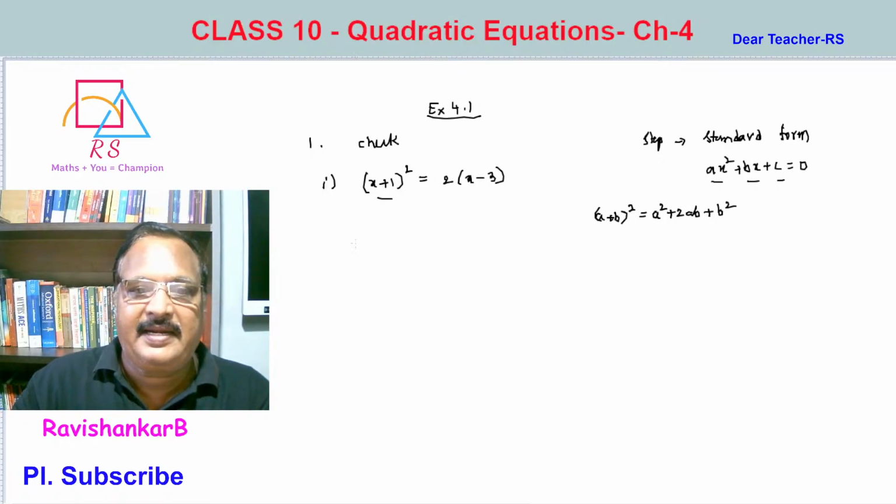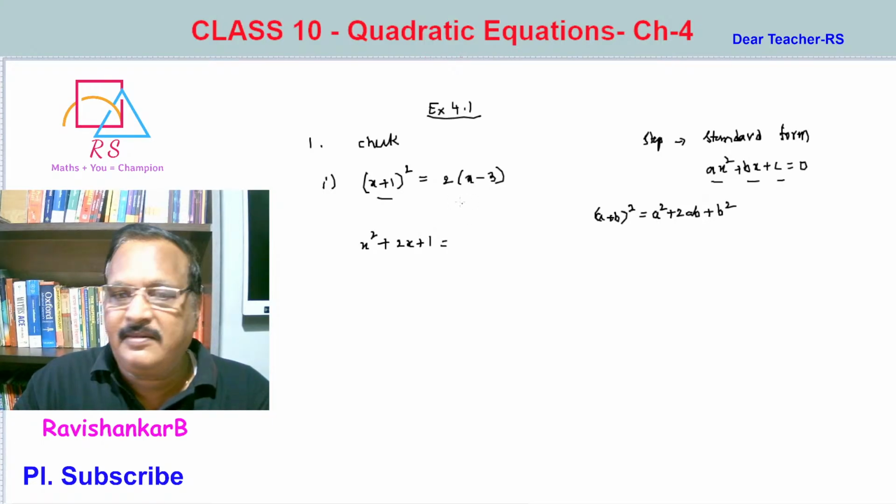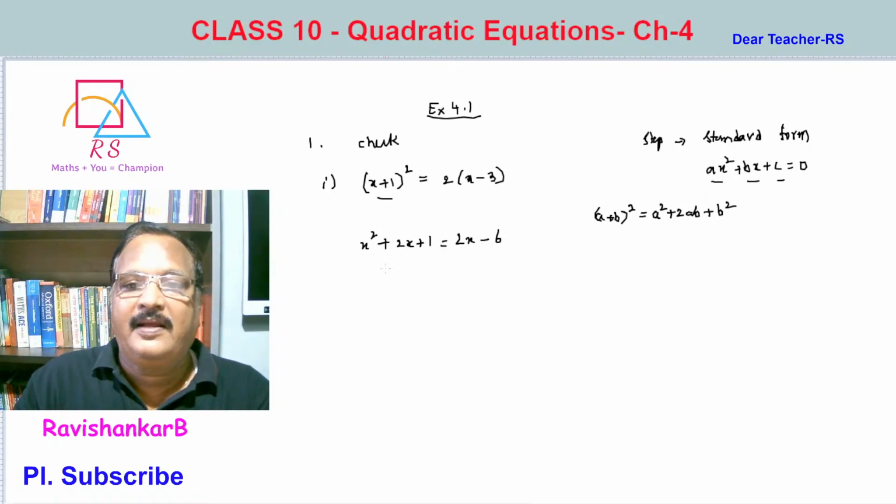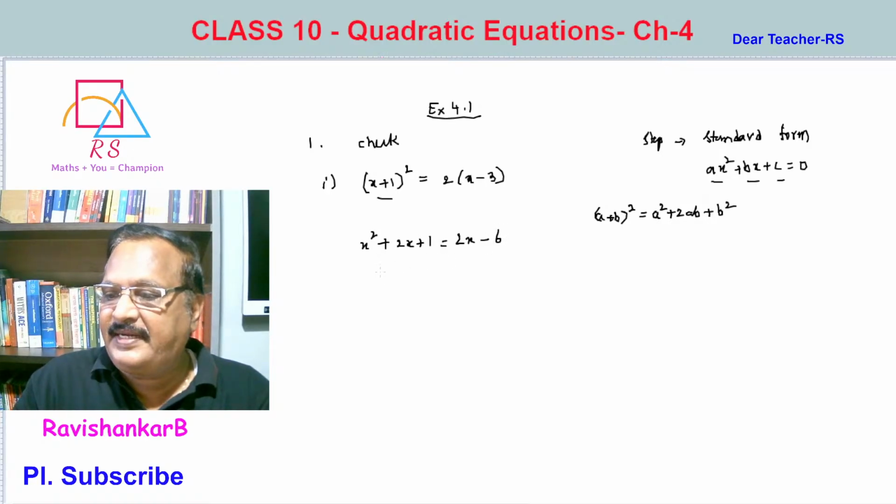I will apply directly here. So x square, 2ab, 2 into x into 1, 2x, plus b square, 1 square is 1. And on the right hand side a bracket is there. Please remove the bracket. 2 into x, 2x, 2 into 3, 6. Now bring all the terms to one side.